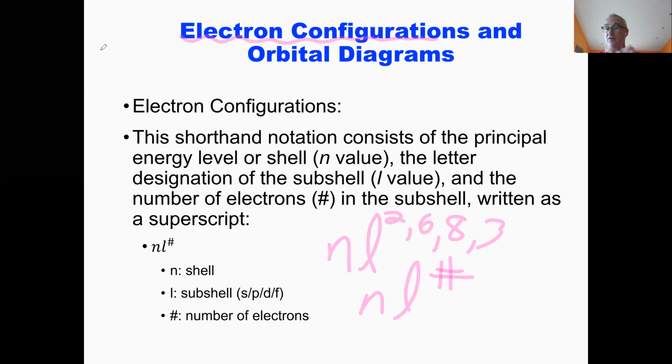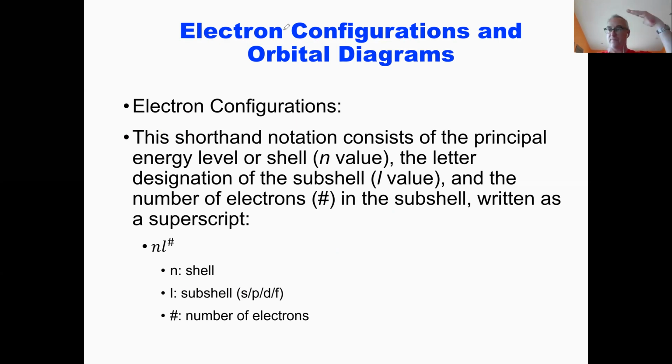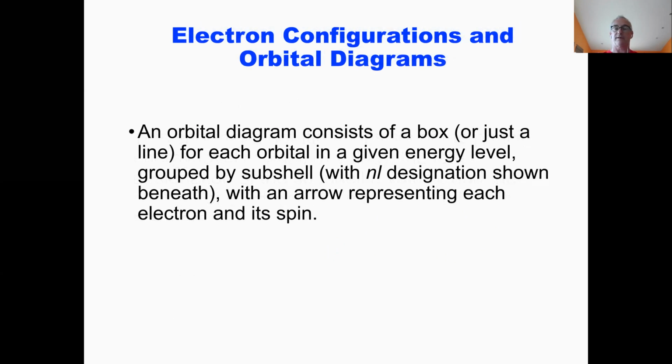Now, an orbital diagram will give you more information concerning how much energy there is in those subshells. An orbital diagram just looks like a box or a line, depending on how you want to draw them.